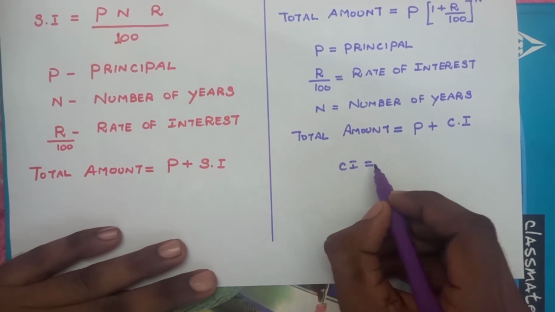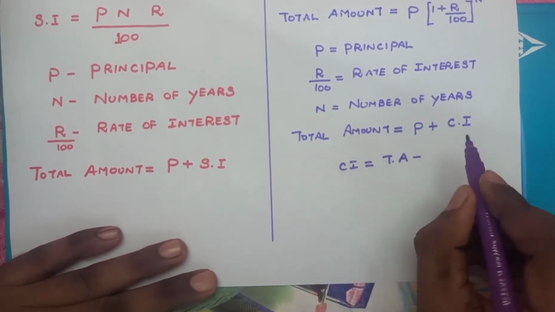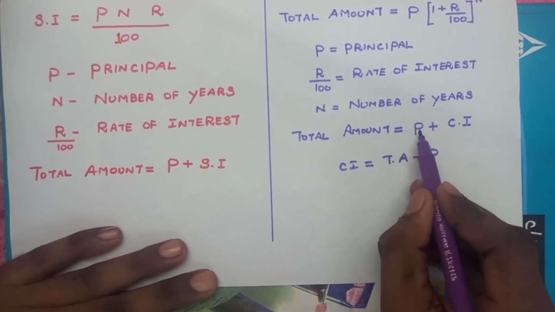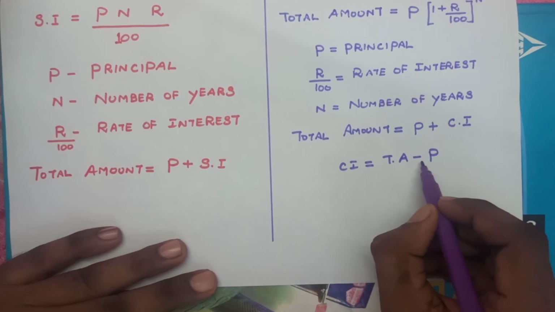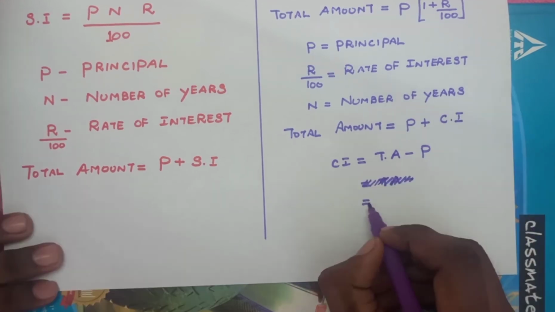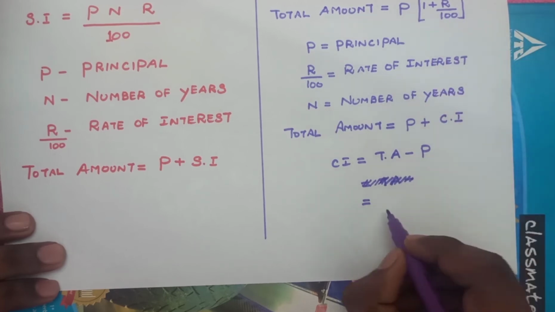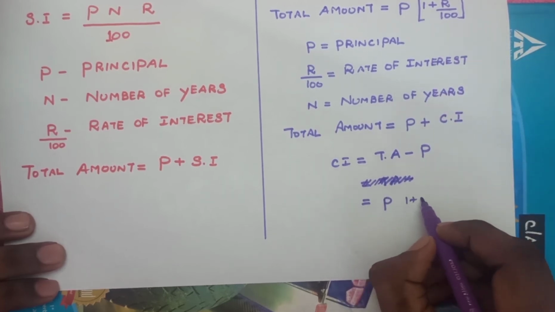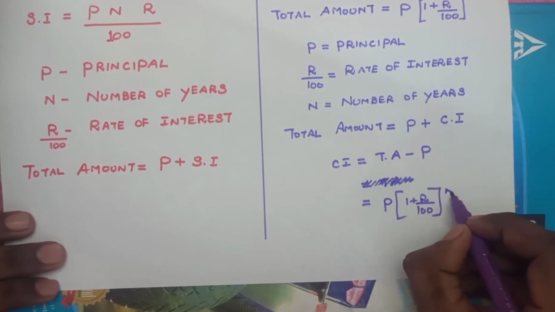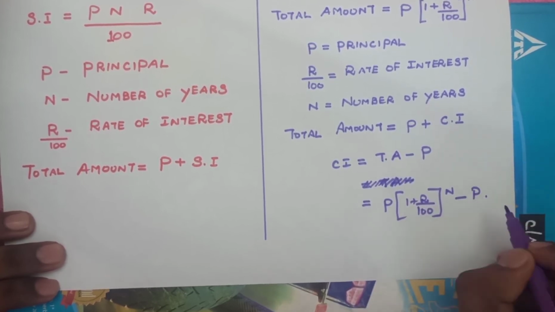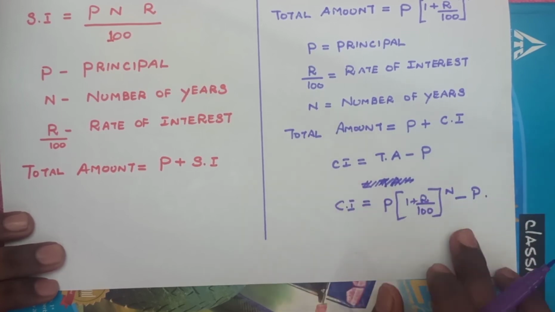Compound interest equal to total amount minus P. If P principal goes to that side, its sign gets changed. So compound interest equal to total amount minus principal. Compound interest equal to total amount, total amount equal to P of 1 plus R by 100 whole power n, minus P. This is your direct formula for compound interest.